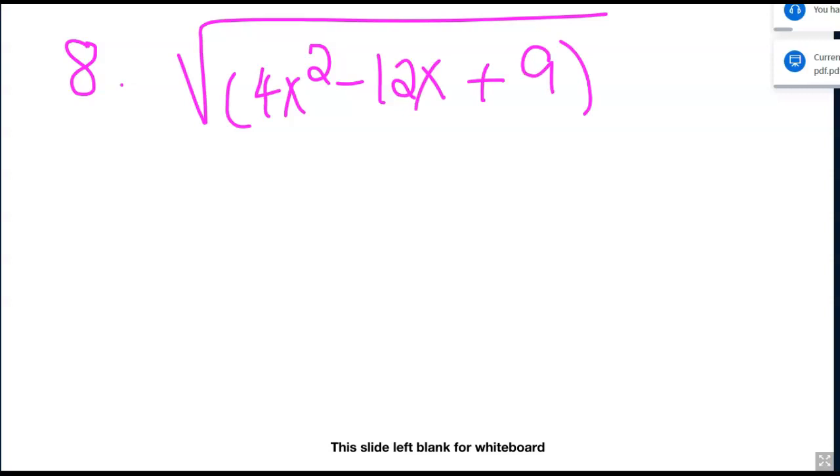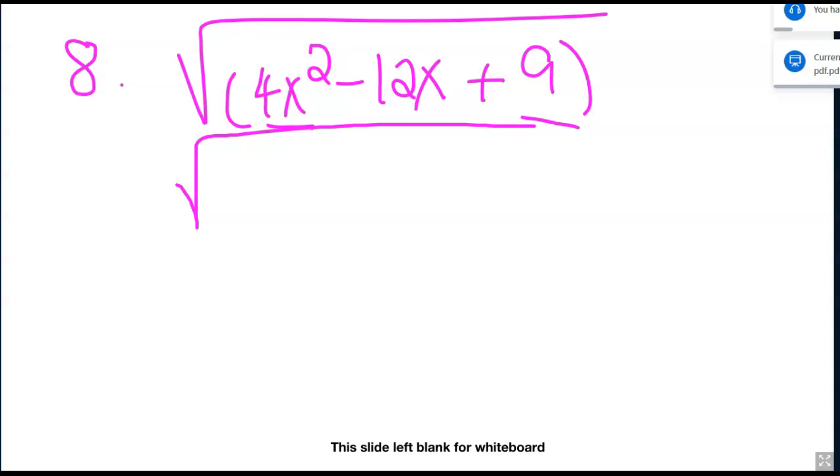So we have the square root of 4x squared minus 12x plus 9. 4x squared minus 12x plus 9 is a special quadratic because it is a perfect square trinomial. Because you have a perfect square at the front, perfect square at the back.